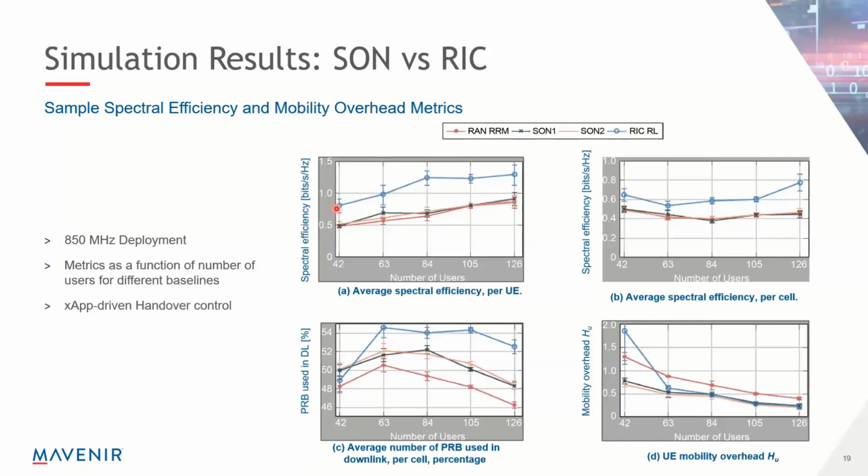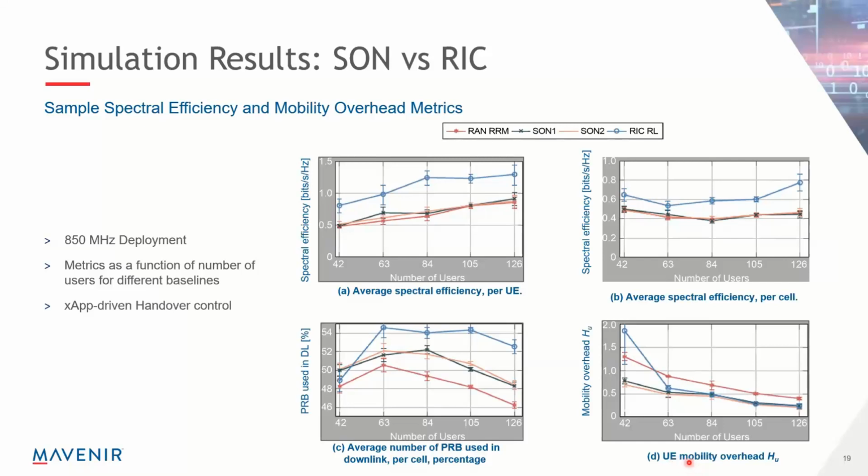Here is the average spectral efficiency, and you can see that the RIC spectral efficiency is quite high compared to any other, either SON or the normal RAN function. And as well, here you can see the PRB utilization. Here we are talking about mainly the near real time again.